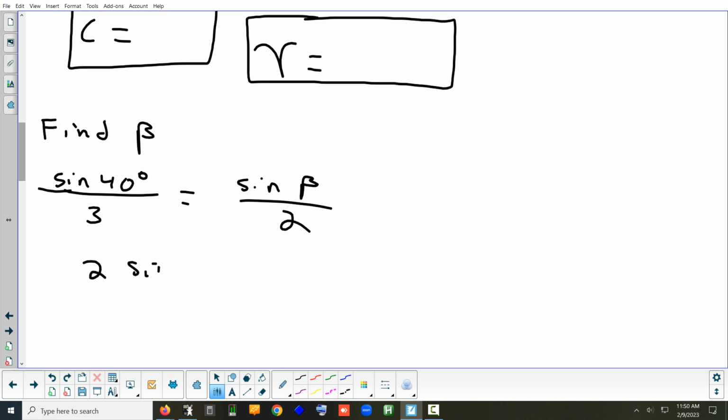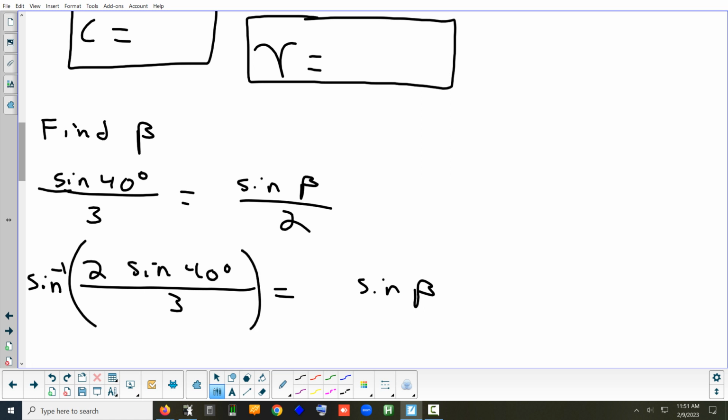So you get 2 sine 40 over 3 equals sine beta. And now we want to get rid of sine. So how are we going to get rid of the sine that's on the right? Inverse sine. Going to take the inverse sine of everything on the left. And when you do it on the right, it cancels out, just equals beta.